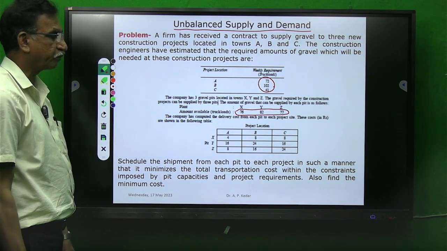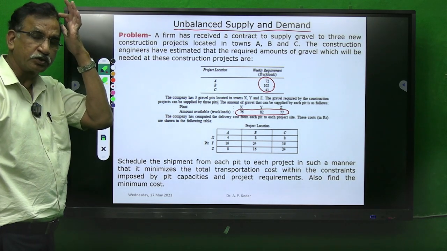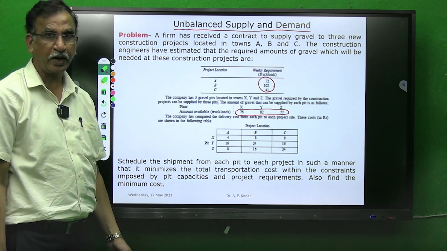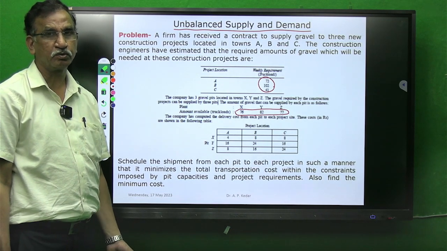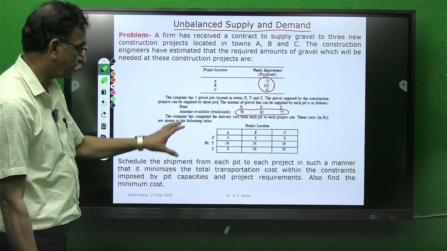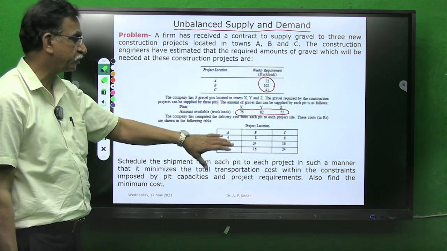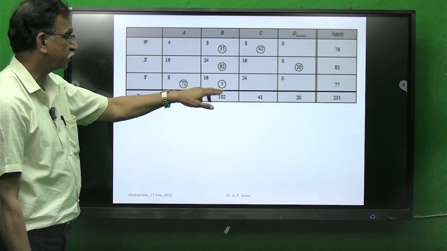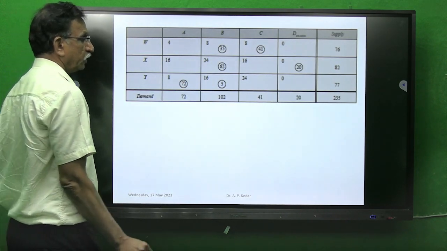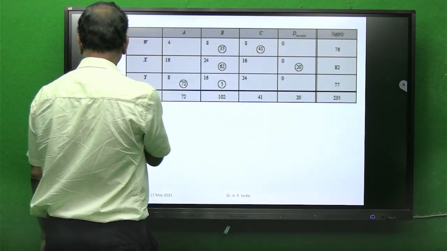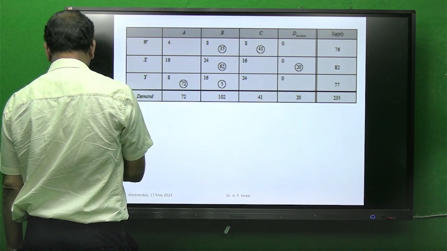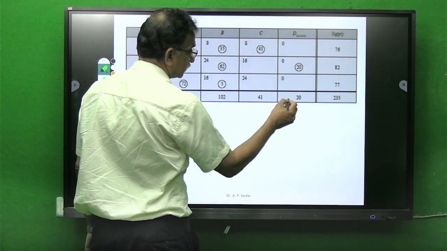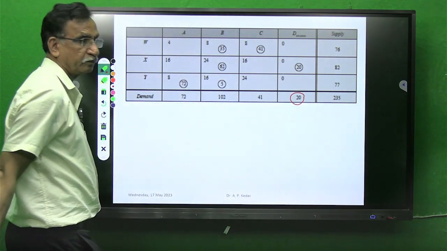As we have seen in the transportation matrix, we have to check supply and demand. If demand is more, we have to add dummy supply. If supply is more, we have to add dummy demand. So this problem is converted into an appropriate transportation matrix here. You can see this matrix, and in the original matrix the demand was less by 20.